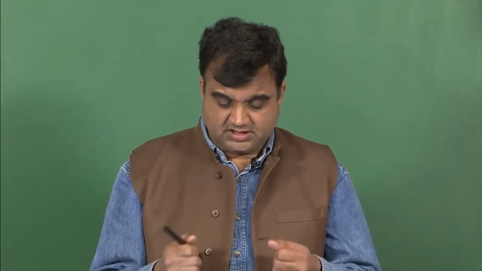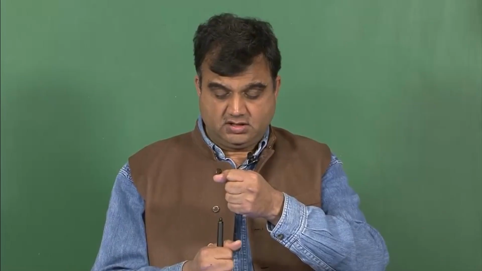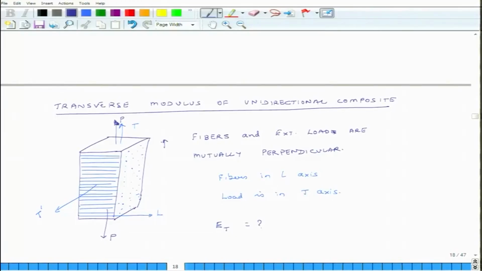So, there is nothing which ensures that the extension of the matrix in the T direction and the extension of the fiber in the T direction will be the same. That is not going to be the same.